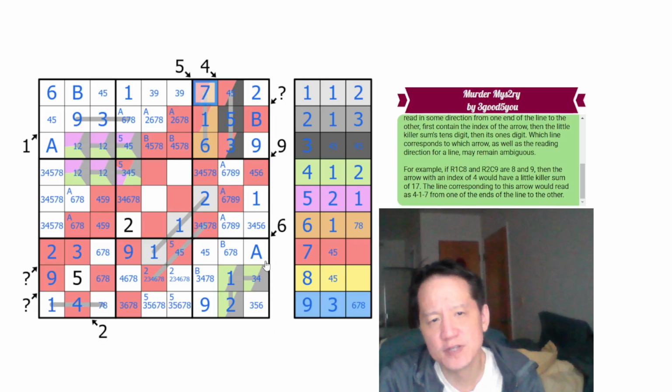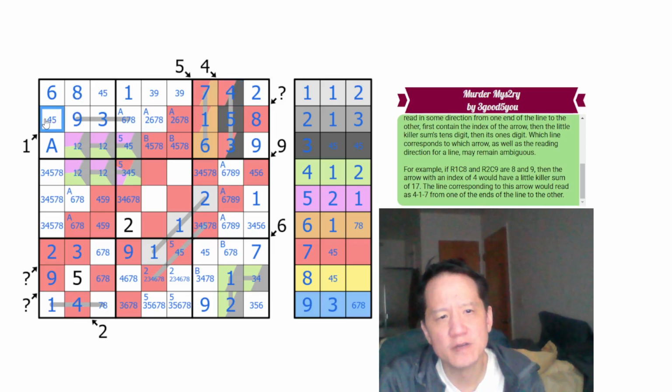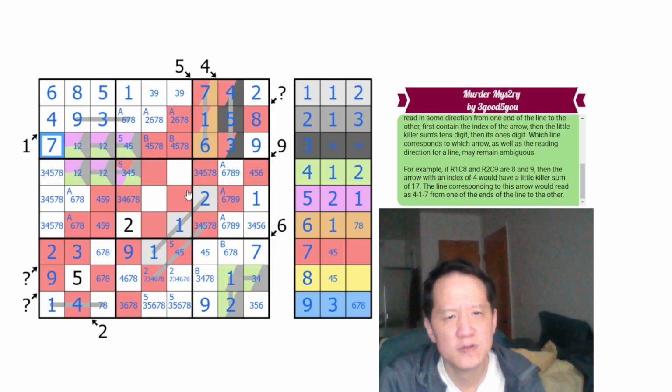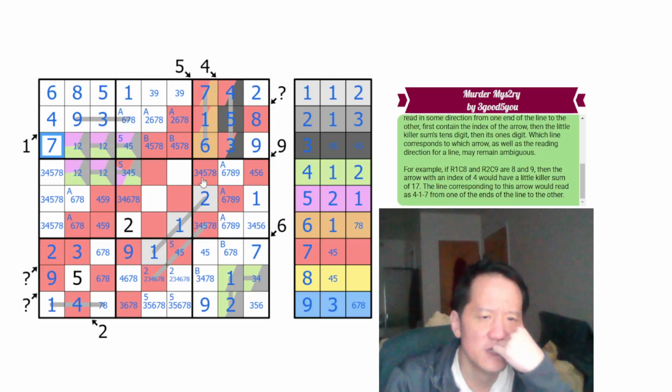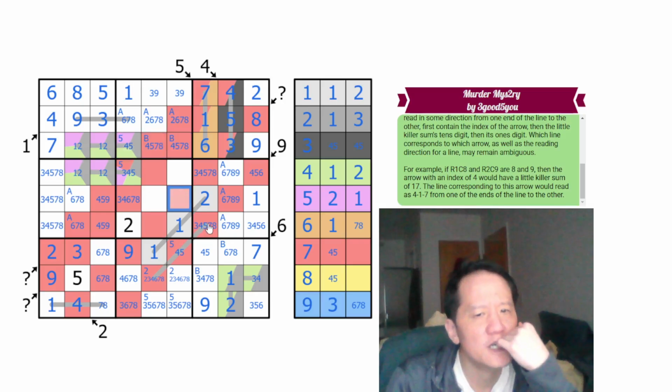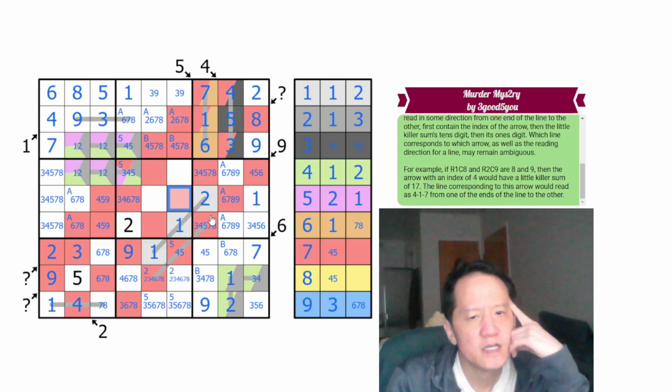So if this is 5, this is 7, this is 7, this is 8 and 4. This would be 8 and 4. This would be 5 and 7. So it would be 4, 5, 8 here. Will that change anything, really? I don't know.